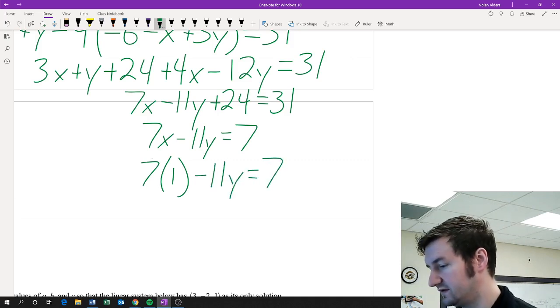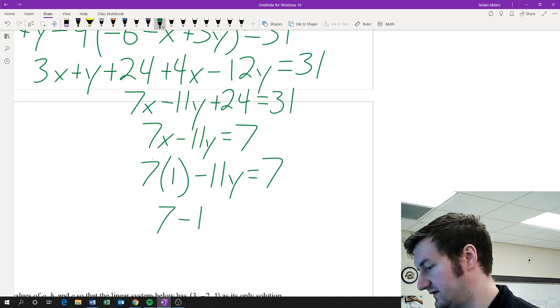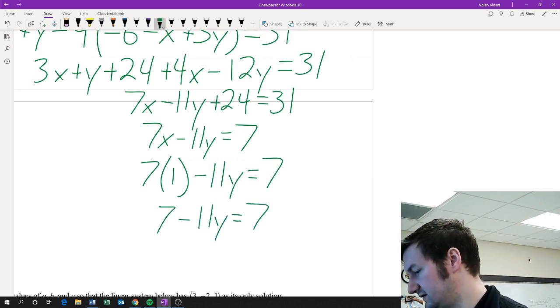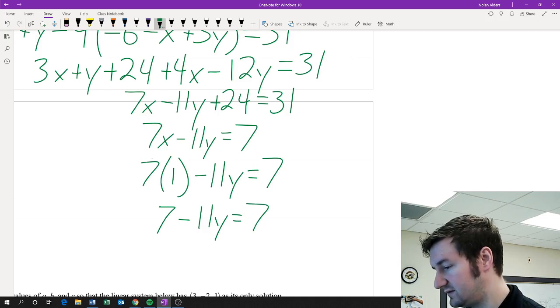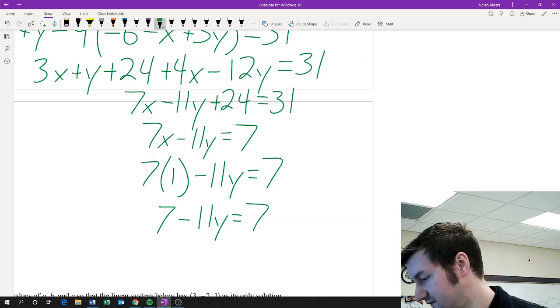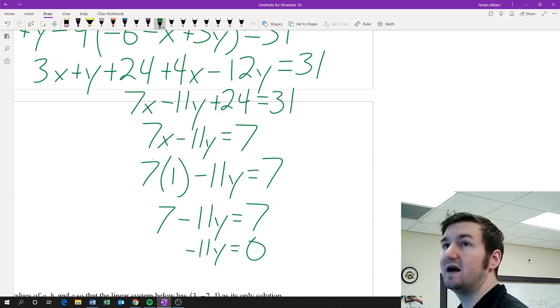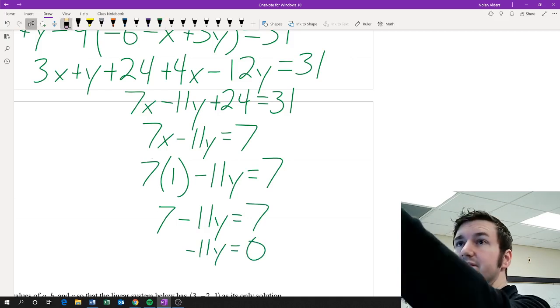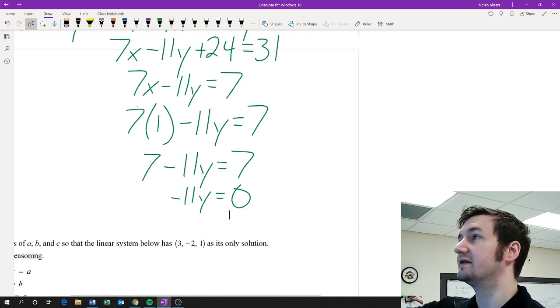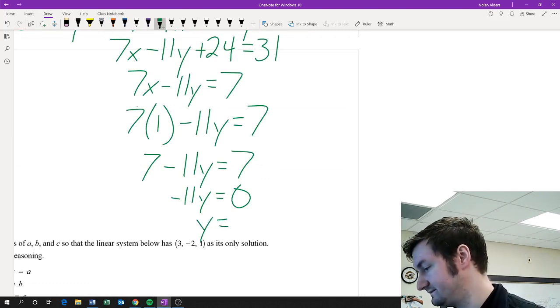Okay, so 7 times 1 is 7, minus 11y equals 7. We can subtract the 7, so 7 minus 7 is 0, so we'll have negative 11y equals 0. Divide by the negative 11, and we'll see finally that y equals 0.